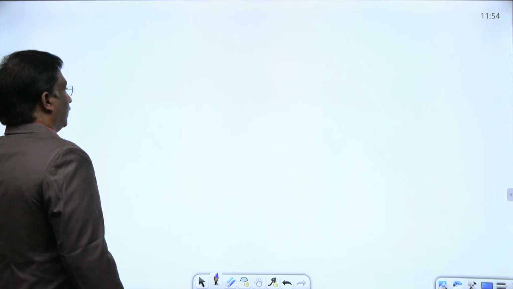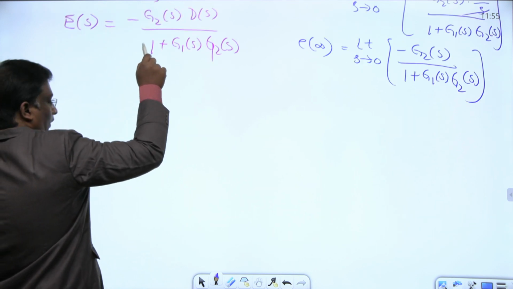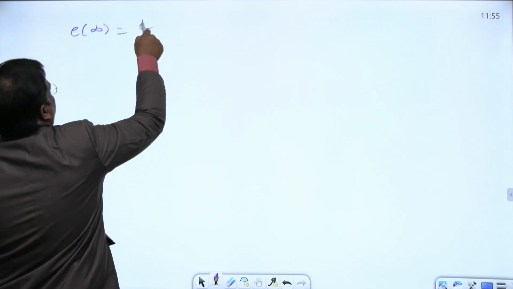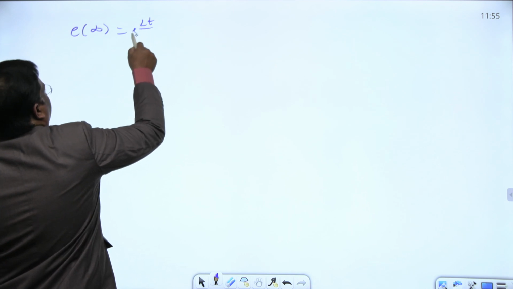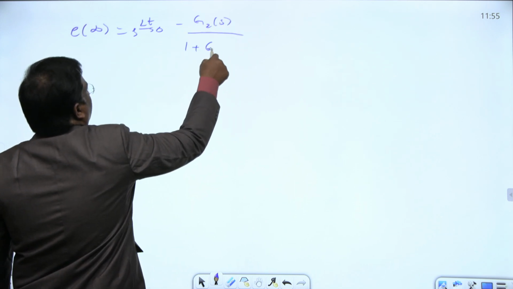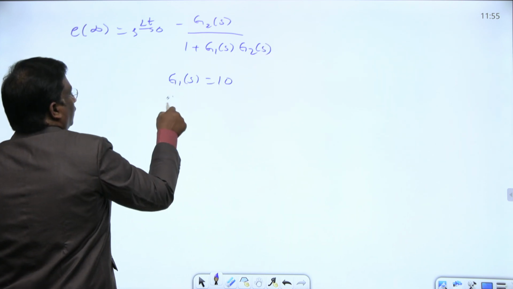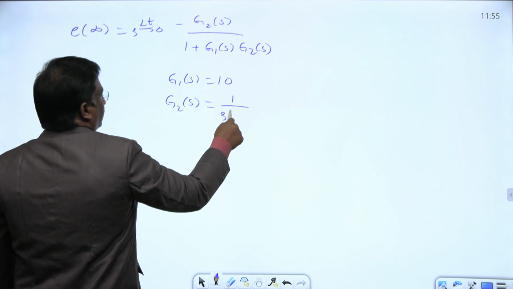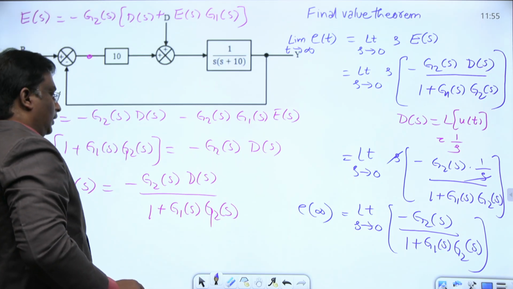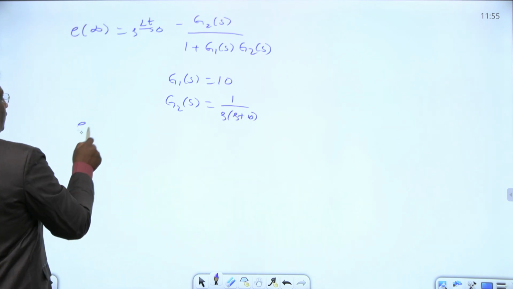So e of infinity is the limit as s tends to 0 of minus G2 of s divided by 1 plus G1 of s into G2 of s, where G1 of s is given as 10 and G2 of s is given as 1 by s into s plus 10. Let's substitute these values. So what is the steady state error?